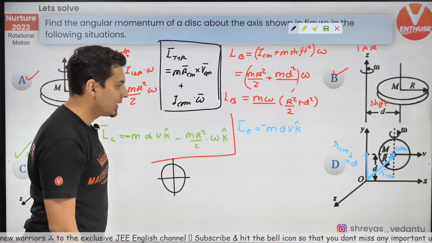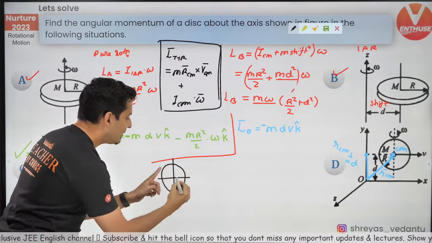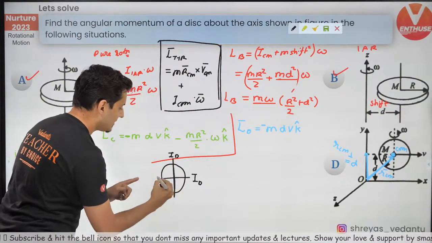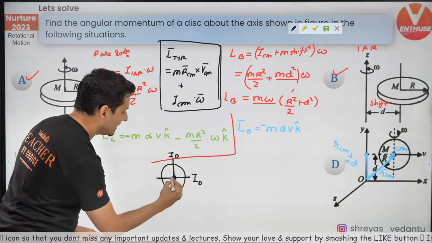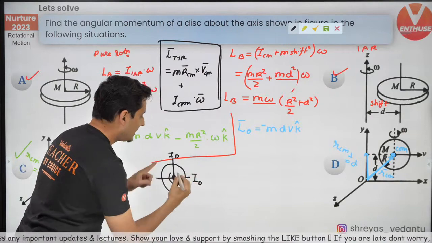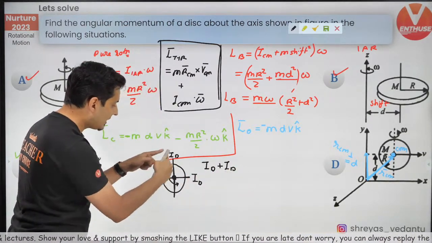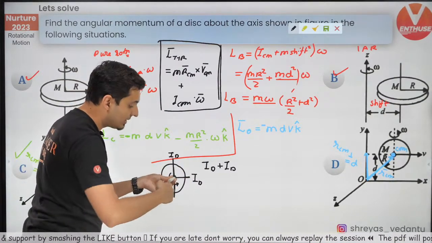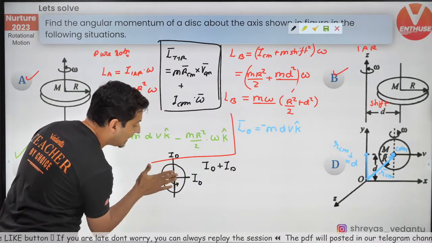You need to figure that out by the perpendicular axis theorem. Remember, the moment of inertia about the diameter is the same whether you take this axis or this diameter. If you add both perpendicular axis moments of inertia, ID plus ID, you get the moment of inertia about the axis perpendicular to the plane.